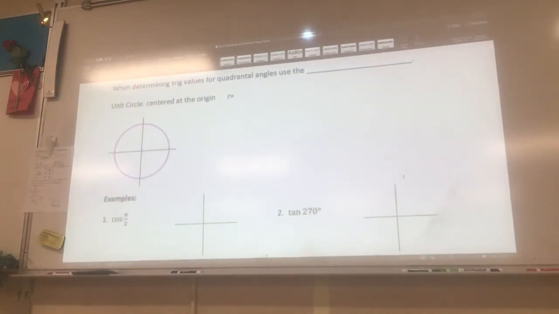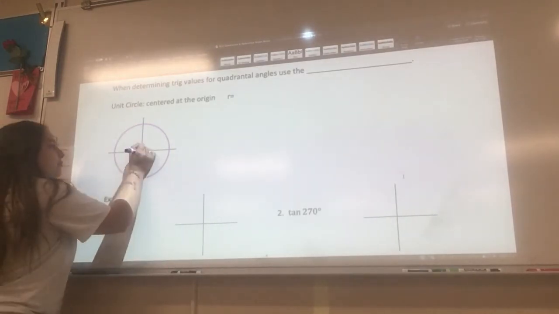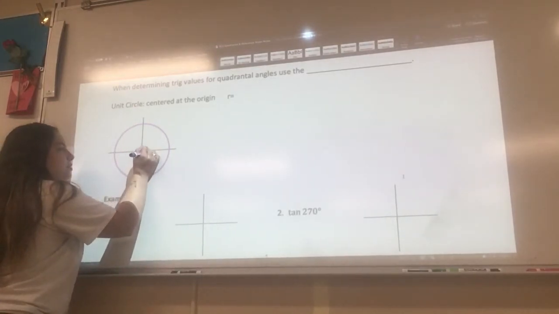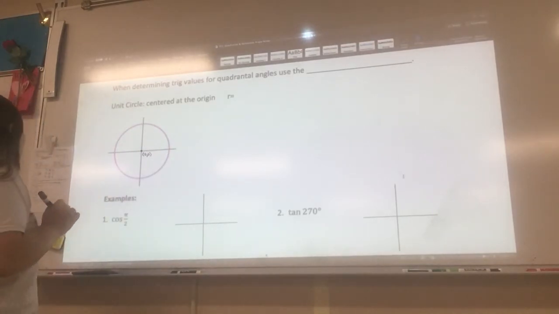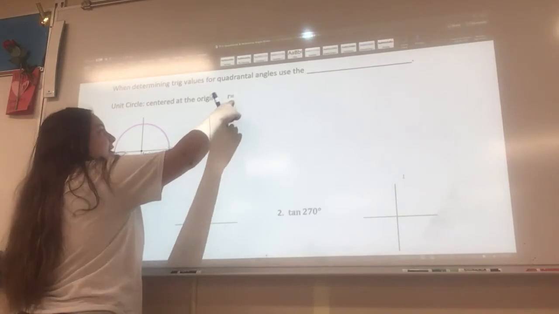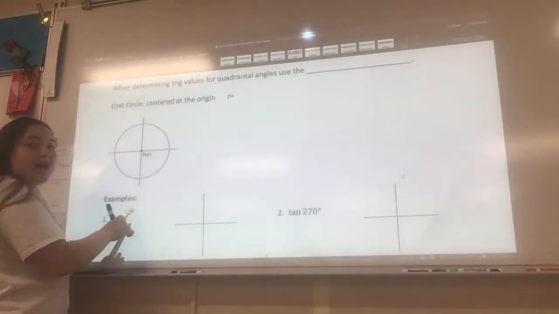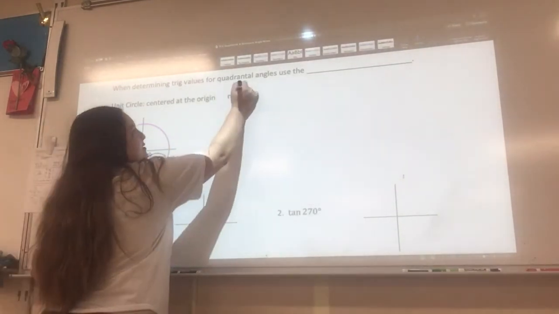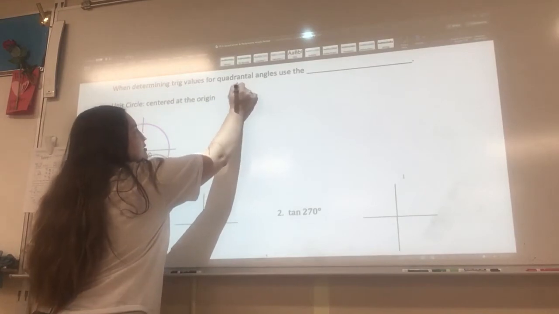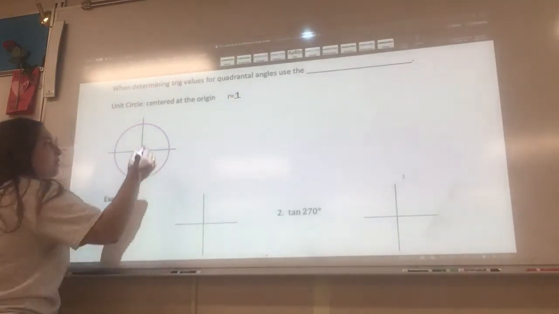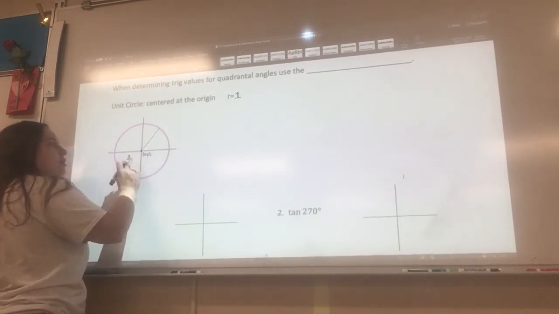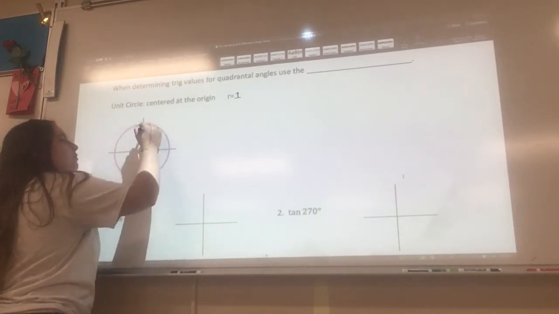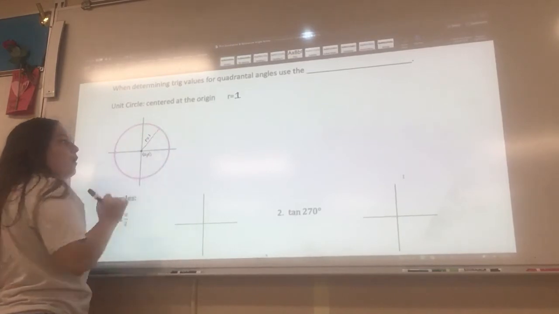So a unit circle, again, as a reference, is centered at the origin of 0, 0. And we know that our radius r, so this is for everything, is going to equal 1. It is always 1. So whatever r is from the origin to touching the unit circle, our radius is 1.